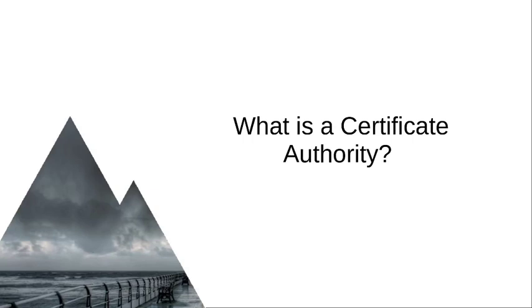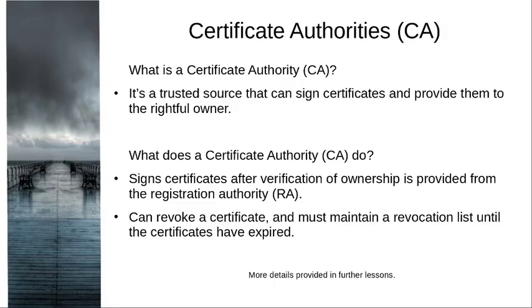So what is a certificate authority? Well, the best way to summarize it is that it's a trusted source that can sign certificates and provide them to the rightful owner. And what we mean by trusted source is, if we go back to an earlier part of this lesson, we were able to see that inside of the internet browsers there were lists of certificate authorities that were trusted, and that therefore means they're trusted by the technology that many people use.